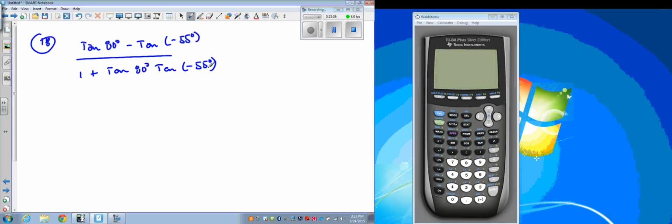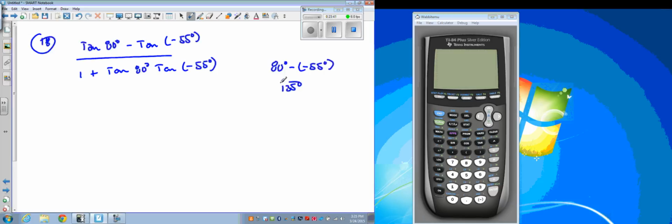Now what you want to do is look at your identities for tangent, and notice this fits into tangent A minus tangent B, right? It's different. And if you take the difference of 80 minus a minus 55, is that a familiar angle?